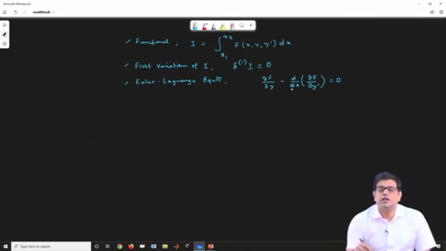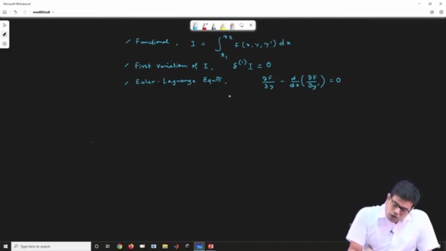It is a natural consequence of the integration by parts. The boundary conditions are like this.